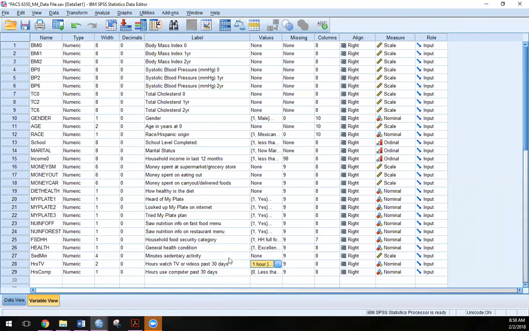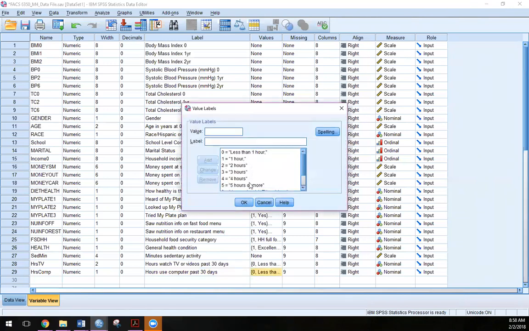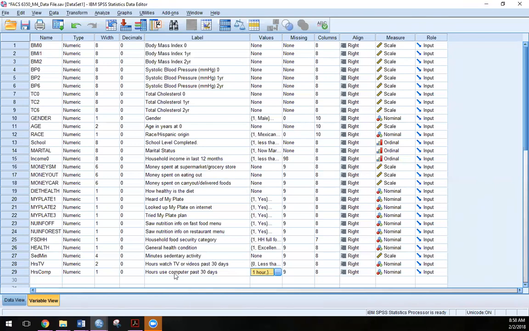So if you wanted to do an independent test, then you could use this with your 4 groups or 5 groups to figure out if there's a difference in cholesterol over these groups of people. When you do that kind of test, you do have to have a continuous variable.